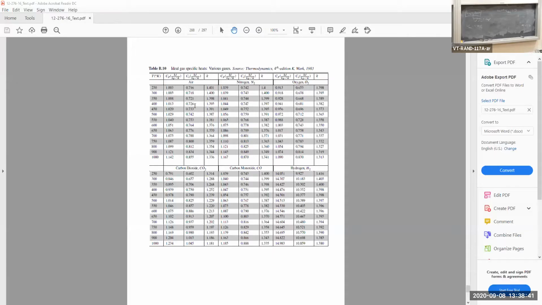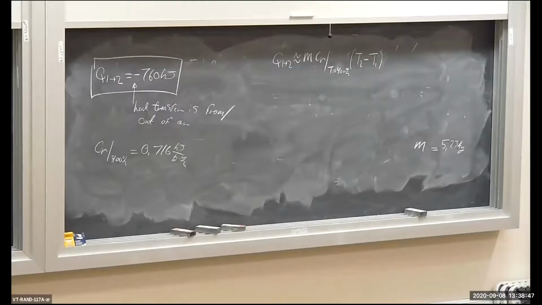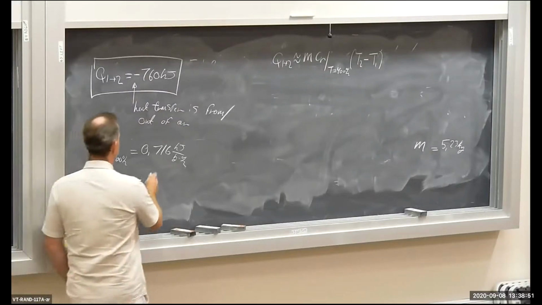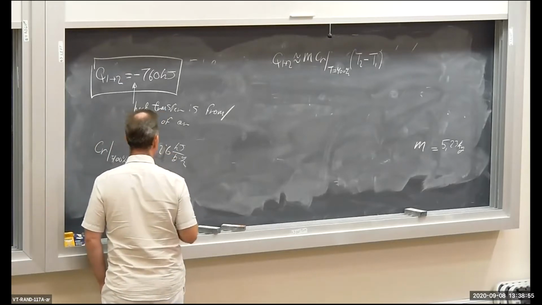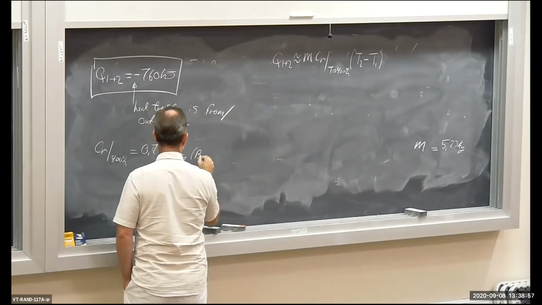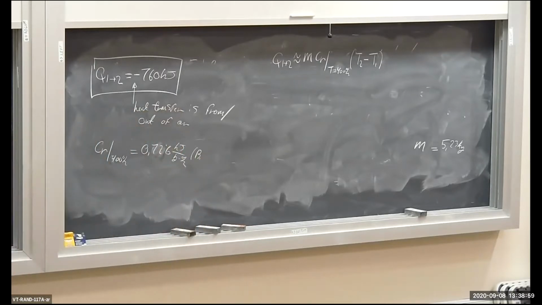Cv for air at 400 degrees is 0.726, and that's from table B10. 0.726, sorry about that. I'm losing it here, trying to finish up. And that is from B10.